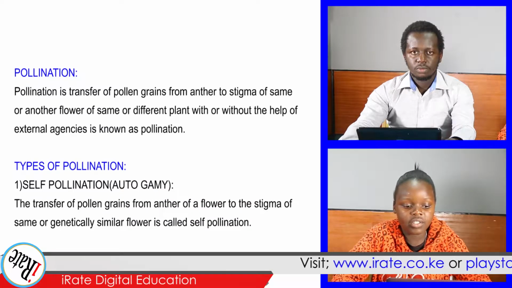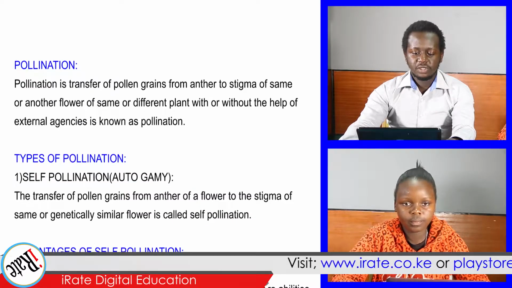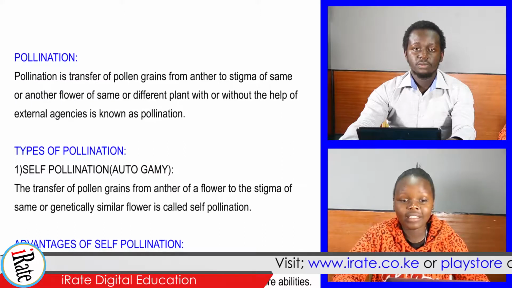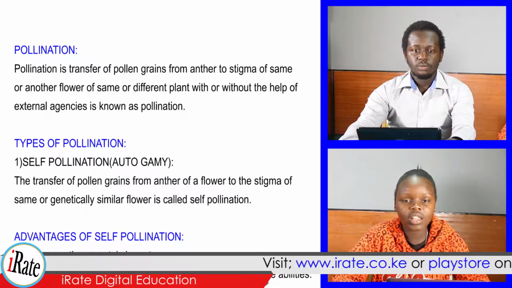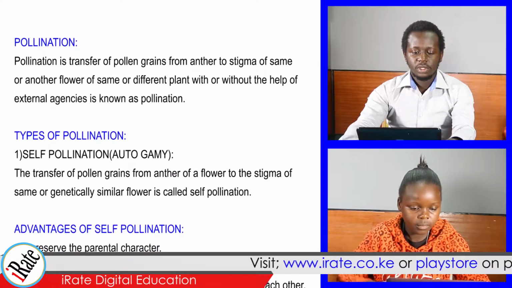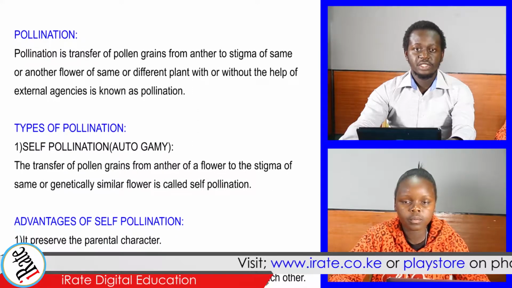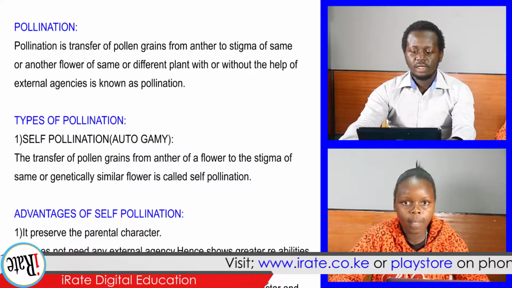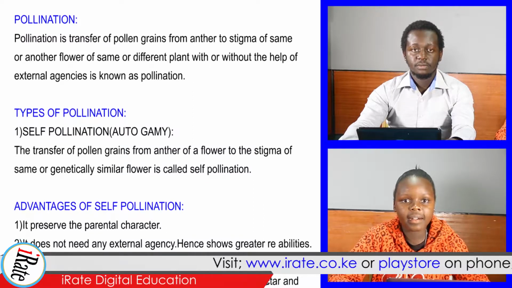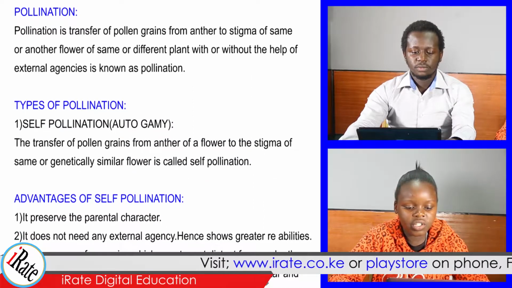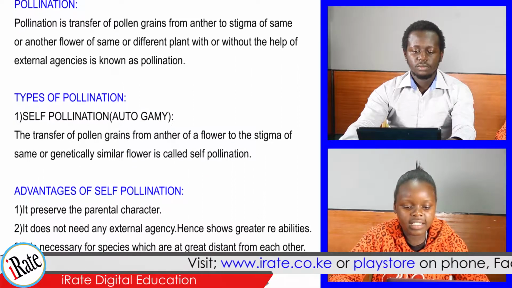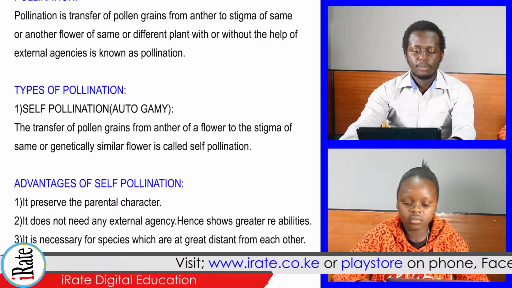called self-pollination. Advantages of self-pollination include: 1. It preserves the parental character. 2. It does not need any external agency, hence shows greater reliability. 3. It is necessary for species which are at great distance from each other. 4.